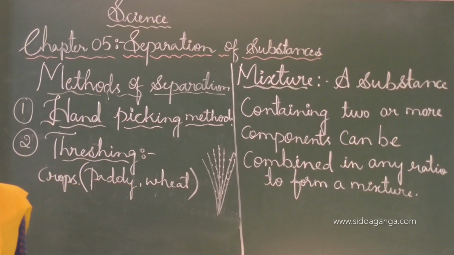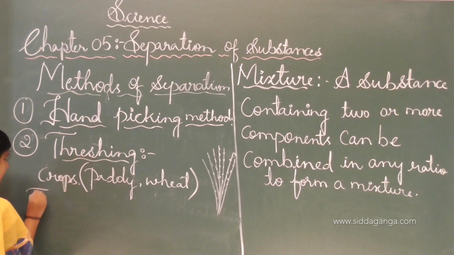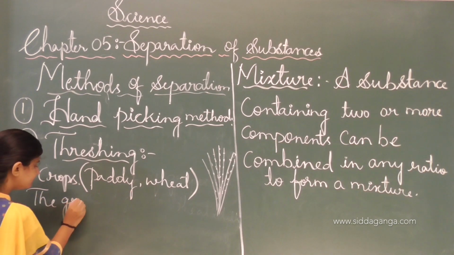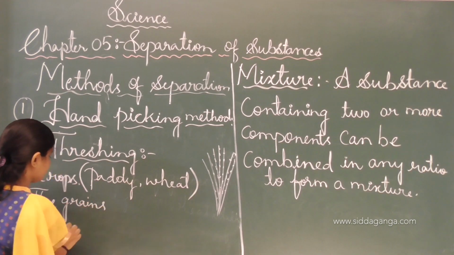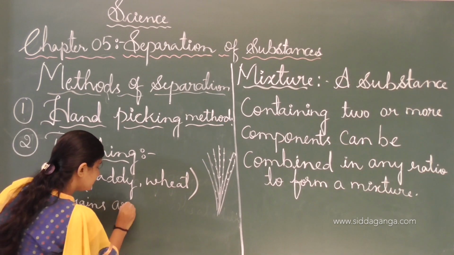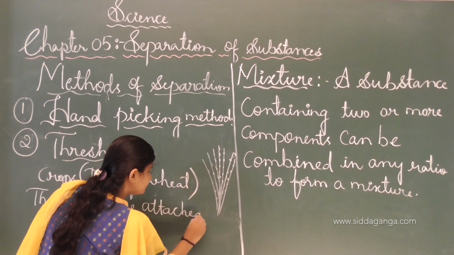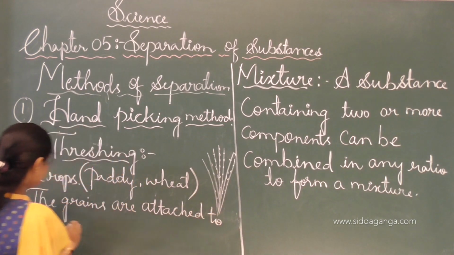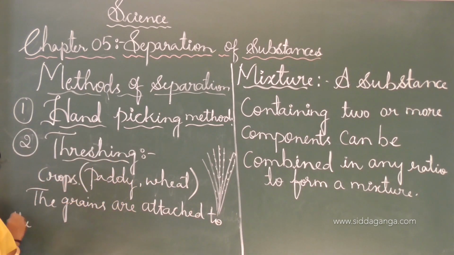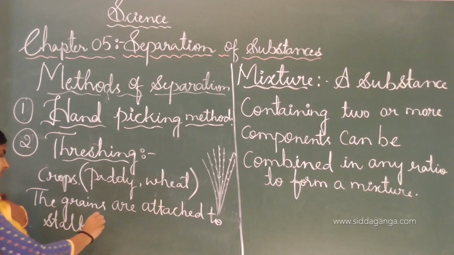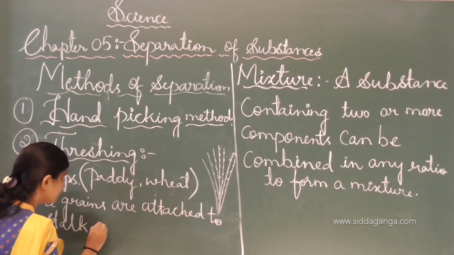Chaff is nothing but the grains attached to the stalk, covered with a thin layer.